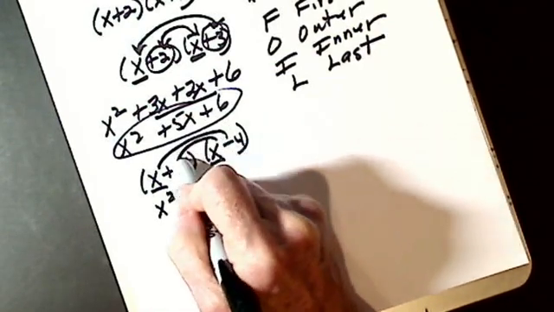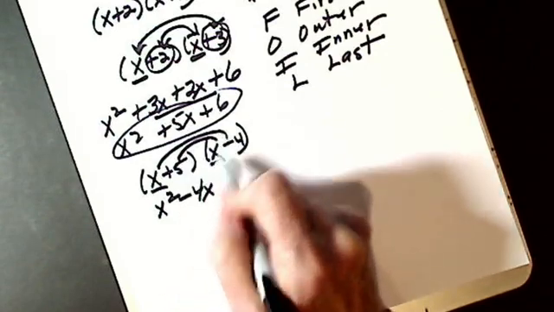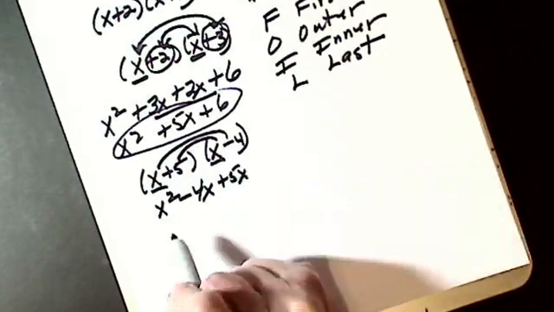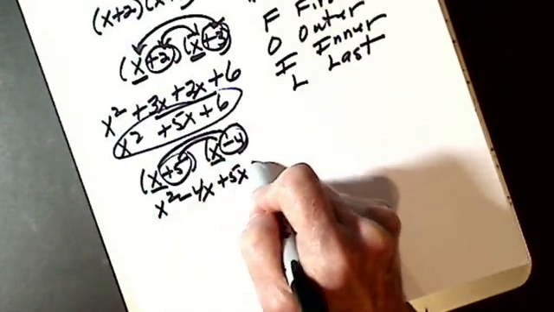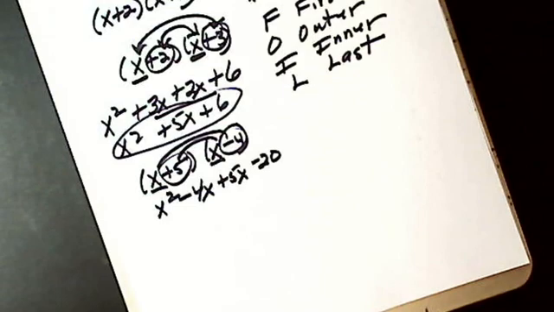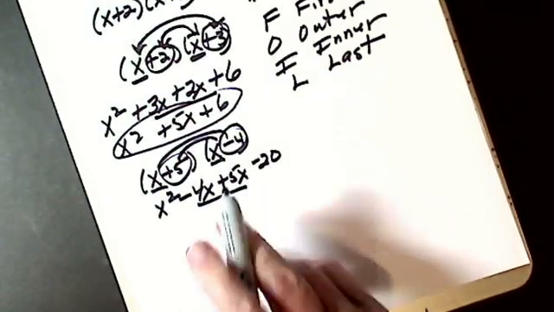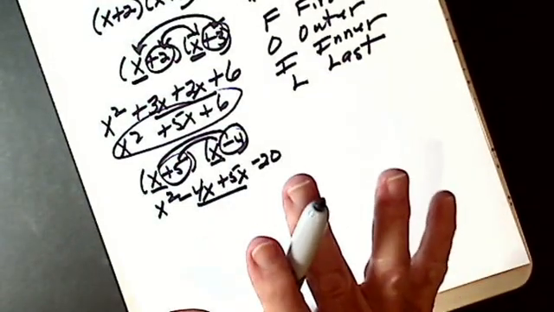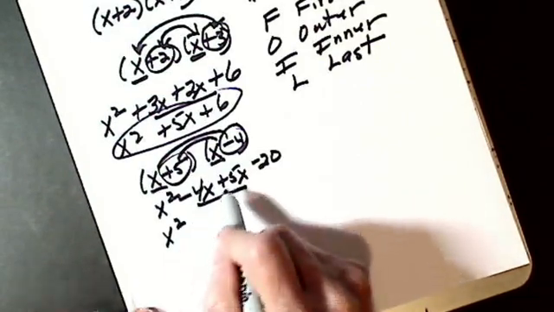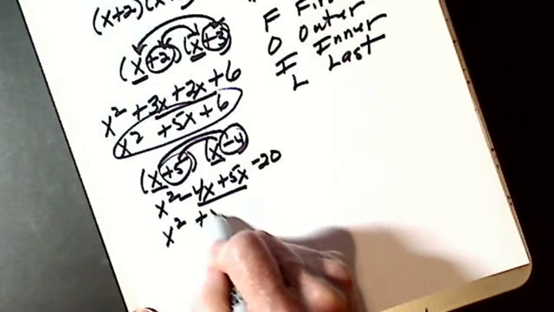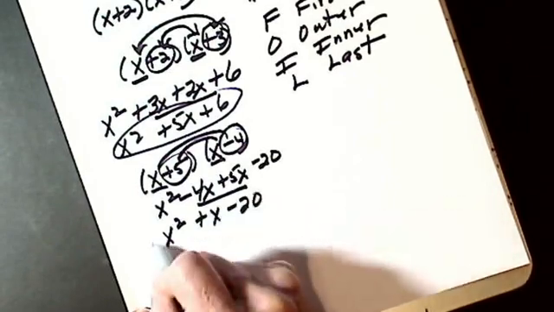I multiply my inners, like signs, plus 5x. I multiply my last. I get negative 20. Outers and inners should be like terms. You got a mistake. So I combine like terms. That's addition subtraction rules. The signs are different. Subtract, take the sign of the larger.